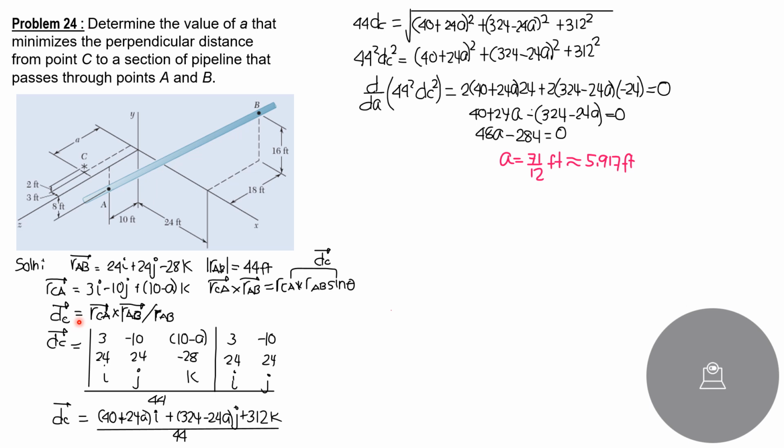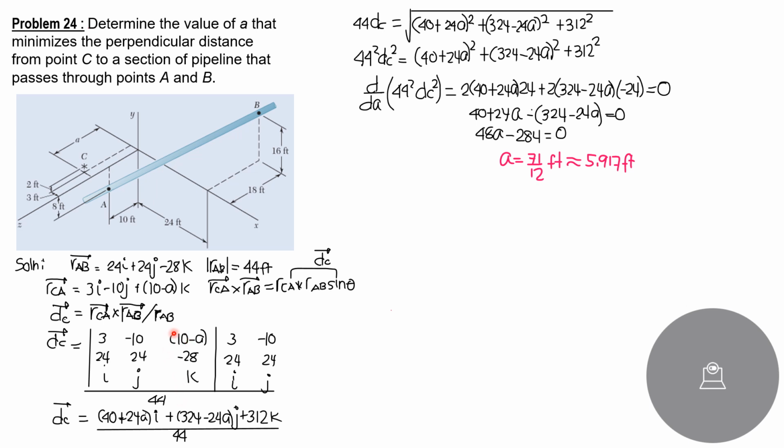That's why the vector expression D sub C is RCA cross RAB divided by the magnitude of RAB. Since the magnitude of RAB is 44, D sub C in vector form is RCA first, whose components are 3, negative 10, and 10 minus A. Then RAB: 24, 24, negative 28. Then unit vectors, copy the first two column elements, divided by the magnitude of RAB, which is 44.